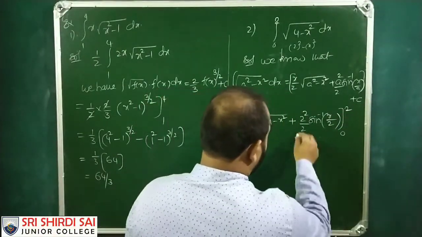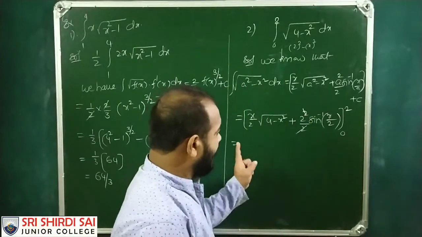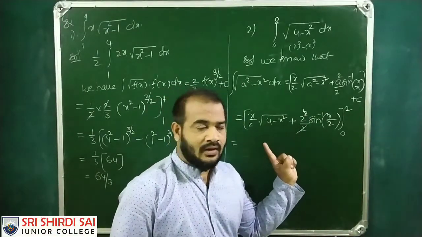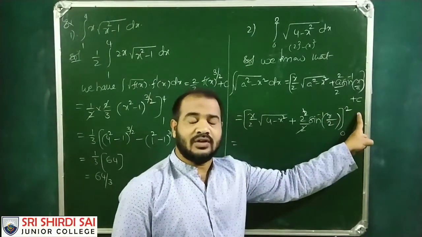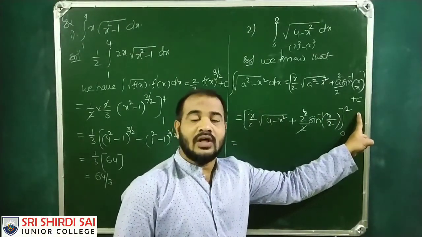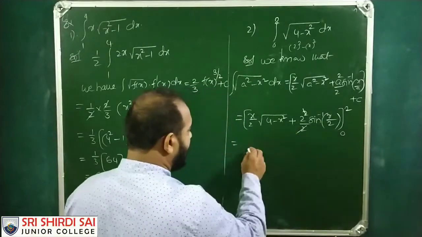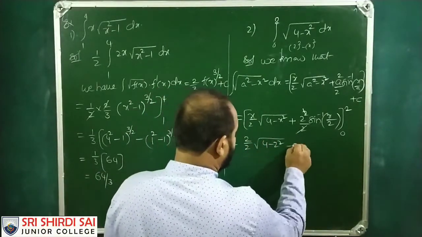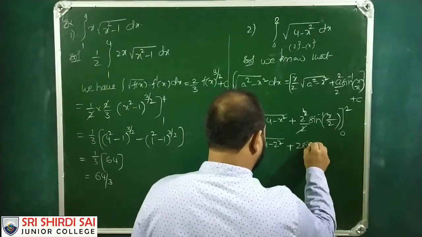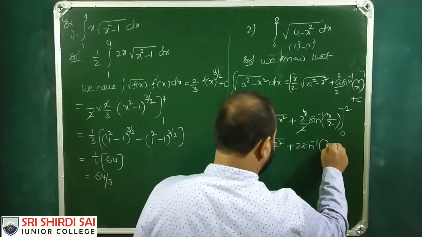So now wherever you have the x, you just have to substitute the upper limit 2. So let us do that. 2 by 2 root of 4 minus 2 square plus 2 sin inverse 2 by 2.